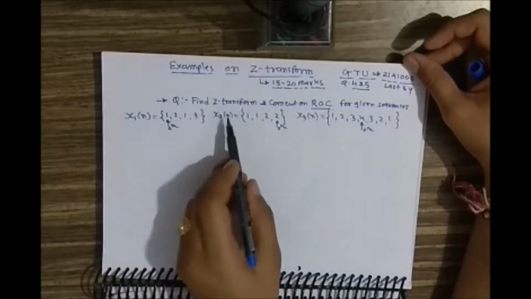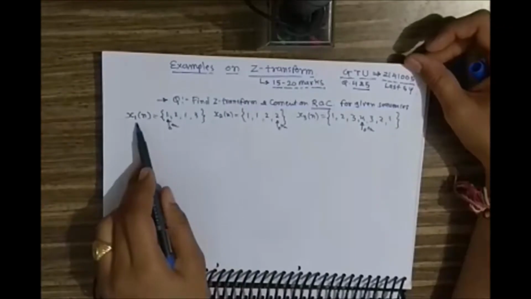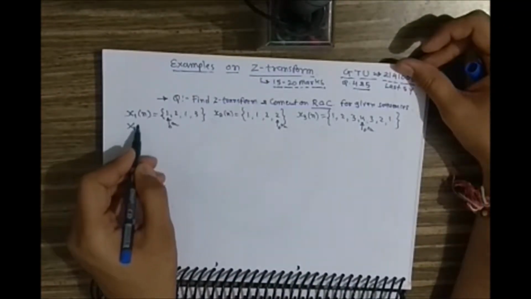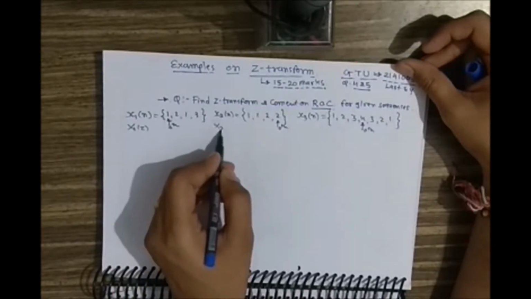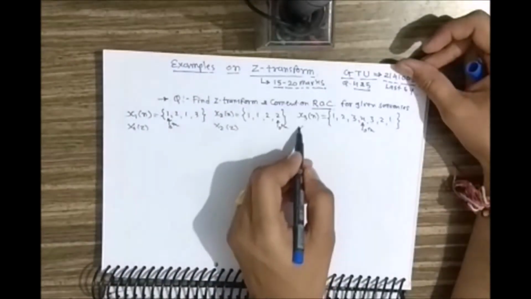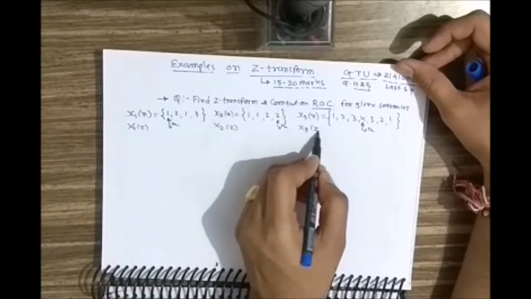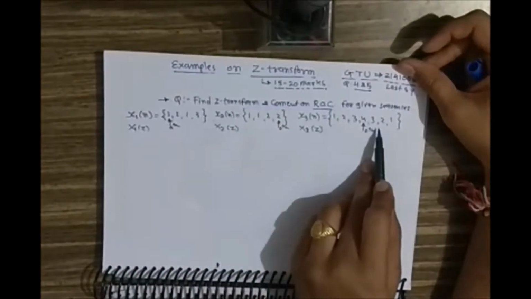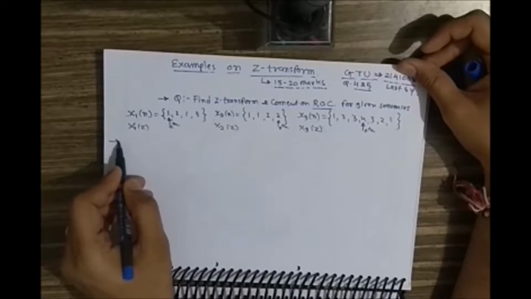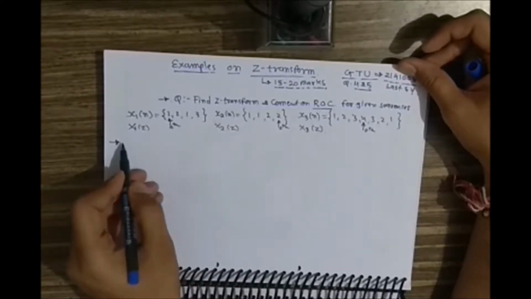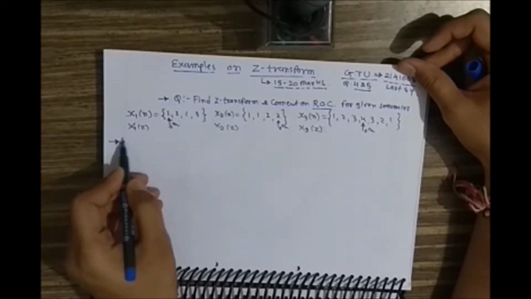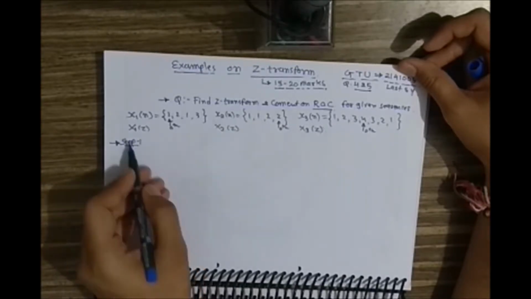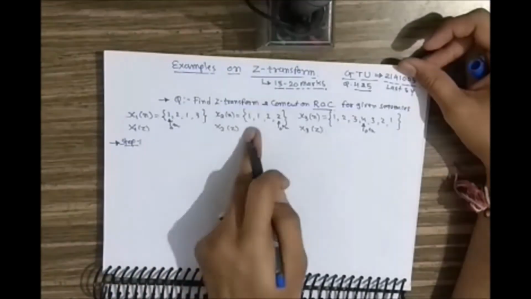So we should find the Z transform of x1 of n, x2 of n, x3 of n, say x1 of z, x2 of z, and x3 of z. For all kinds of examples, the method is the same. Step 1 in every solution is fixed for x1, x2 and x3.